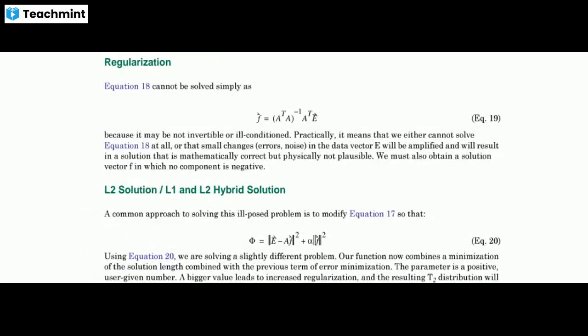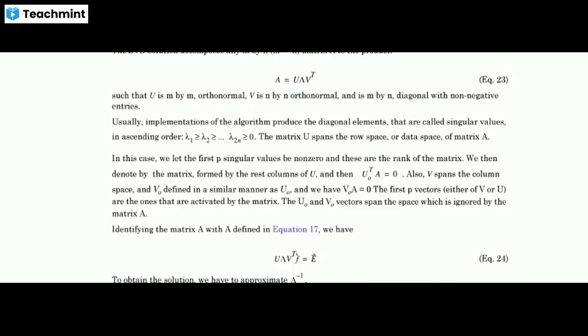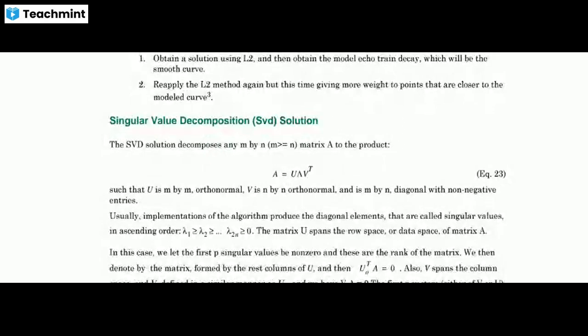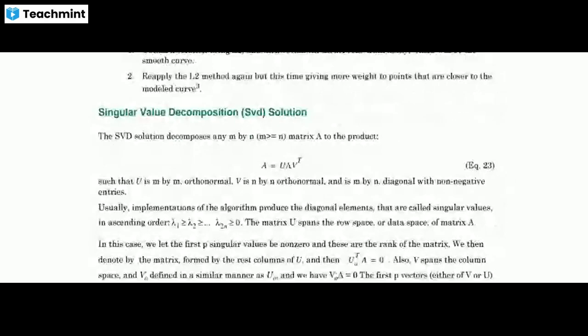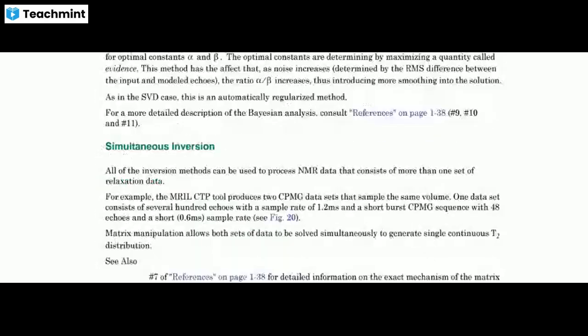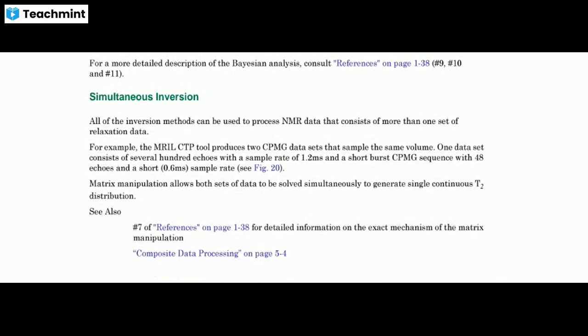Then L2 solution, L1 and L2 hybrid solutions, and singular value decomposition, SVD solution, by this equation. Then simultaneous inversions: all the inversion methods can be used to process NMR data consisting of more than one set of relaxation data.